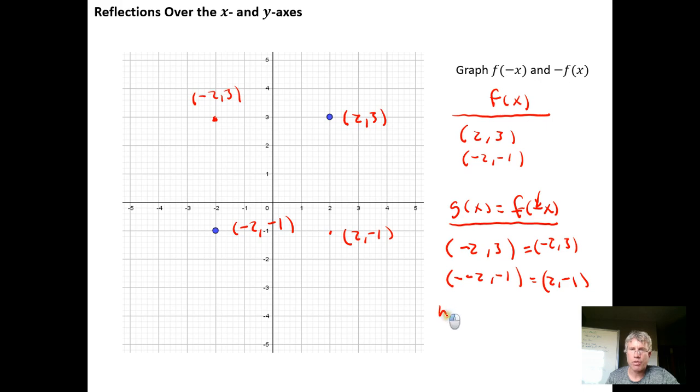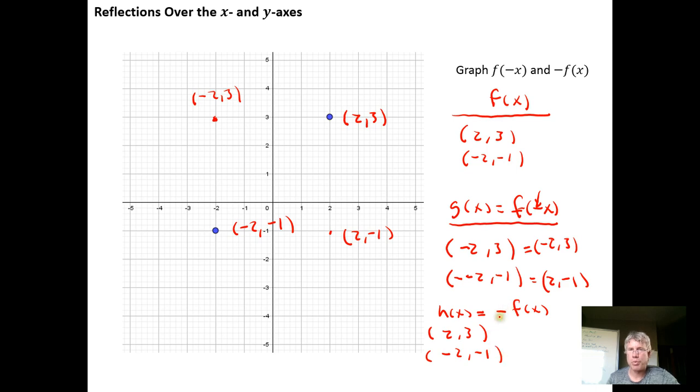And then we could play the same game. We could make a new function h of x, which we make by negating f of x. So if we take those same two ordered pairs that we started with, f of x was (2, 3), and the other ordered pair was (-2, -1).